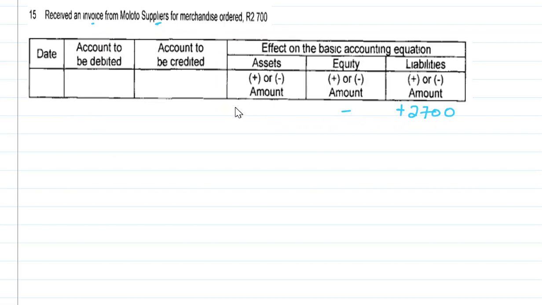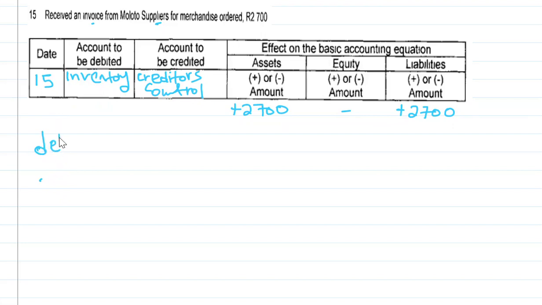On the assets, our merchandise is going up. It means that now we're going to have plus 2,700, right? Then we're gonna write here liabilities. Our liability is creditors control. Then the account to be debited is gonna be inventory. Date is 15. Okay, let us just do this there.